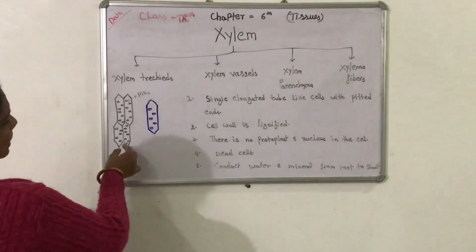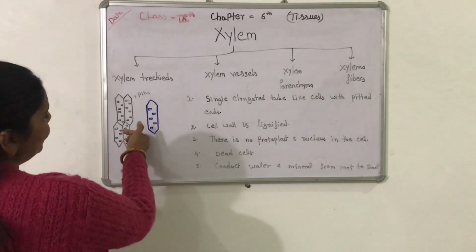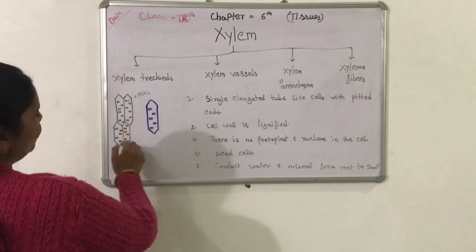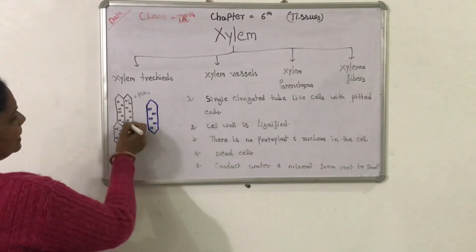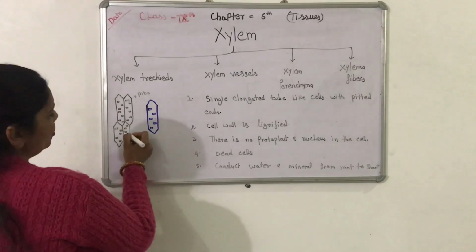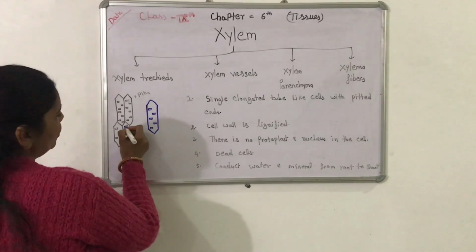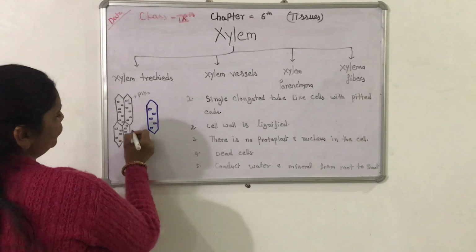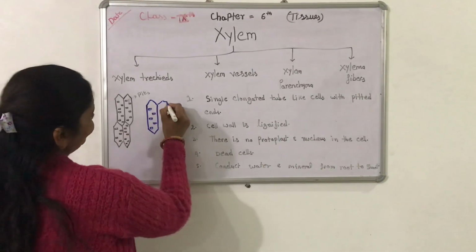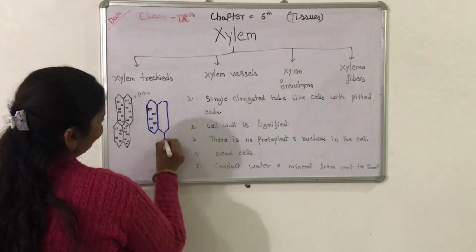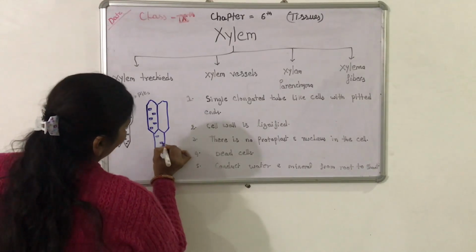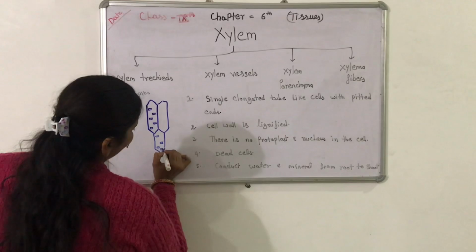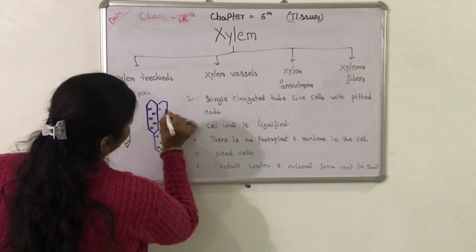You see how the water and mineral conducts from one cell to another cell. These cells lie on one another. See. So if I see the function, these are pits.